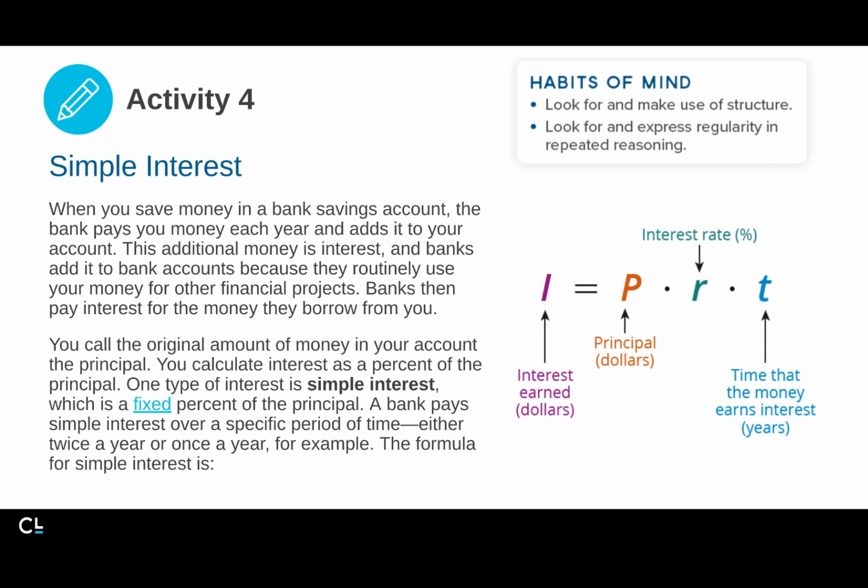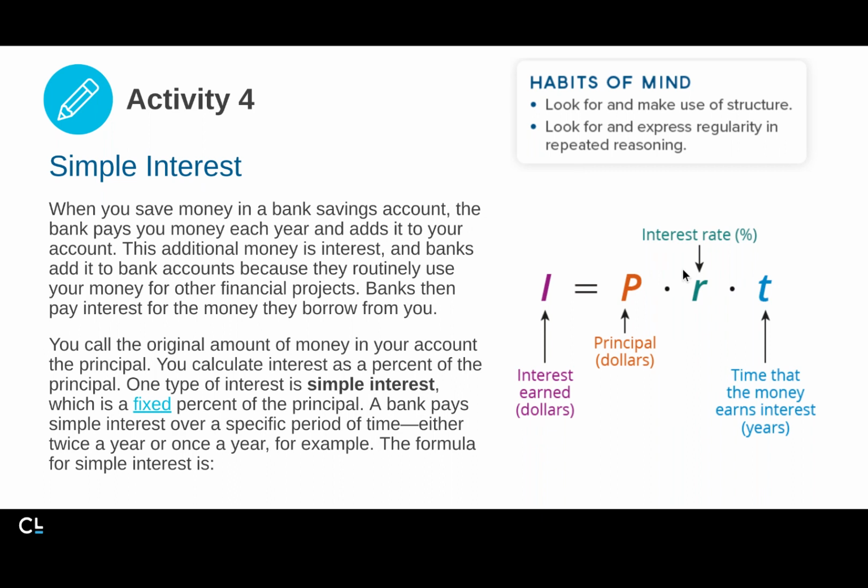As you save money, every time you put money in, it just increases the amount that you have. And then there is also something called interest, where banks allow you to accrue an additional amount of money in your account over a period of time.